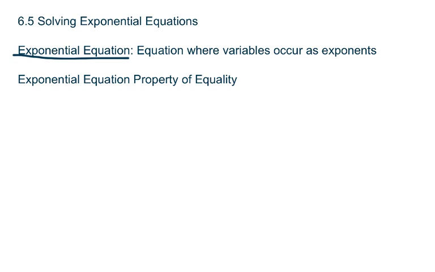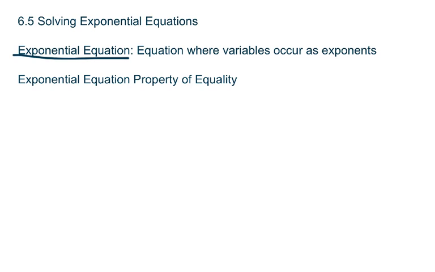So we've been working with exponential functions where our x value has been an exponent. So an exponential equation really isn't any different. One property that we need to discuss is the exponential equation property of equality.